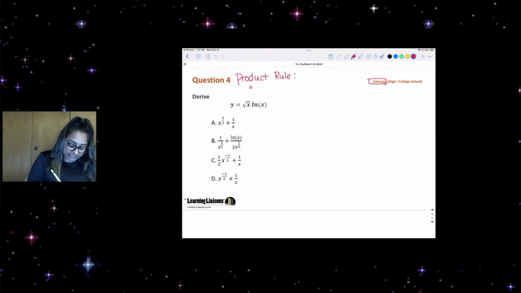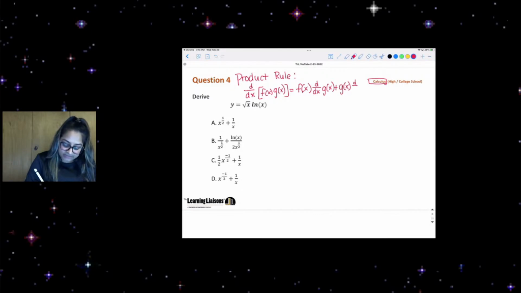My product rule states that d/dx of the function will give me f of x multiplied by the derivative of g of x added to g of x times the derivative of f of x.